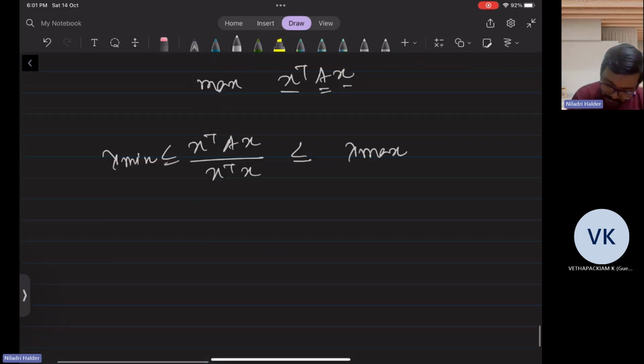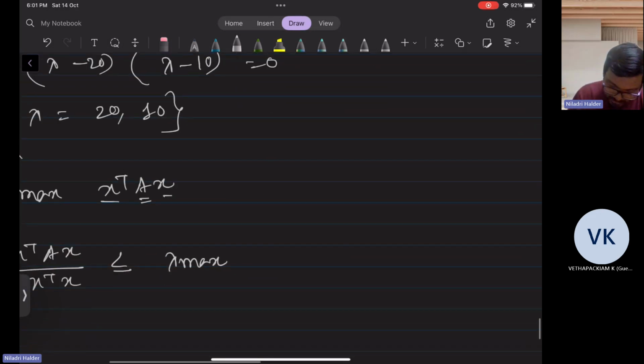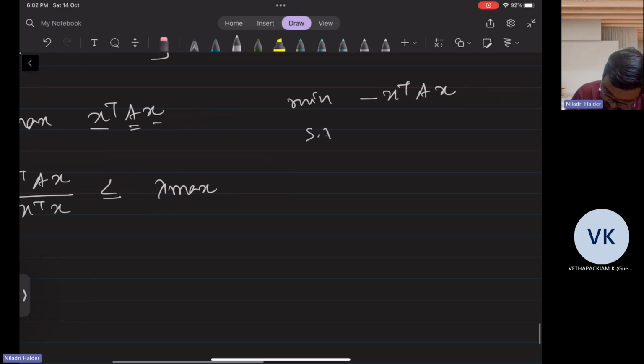Anyway, you can solve maximum of X transpose A X. The process is the same. Max of X transpose A X means just take the minimum of minus X transpose A X, subject to X transpose X equal to 1.